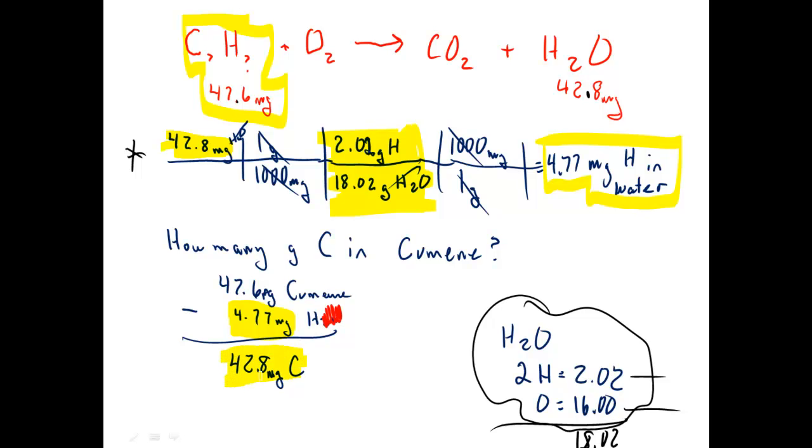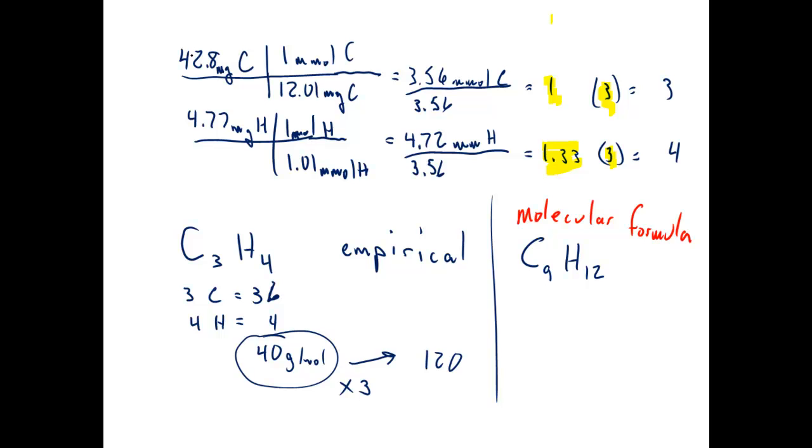If we just subtract that from the original, we now have the mass of hydrogen and the mass of carbon. Now, we can take those two masses and find how many moles of each and get the mole ratio to get the empirical formula. So that's what we're going to do right here.